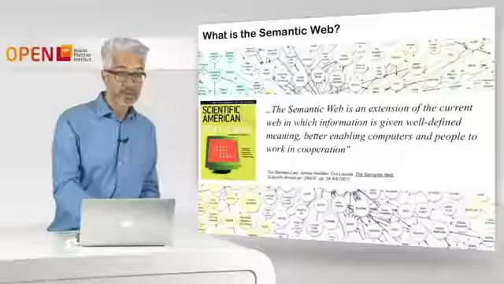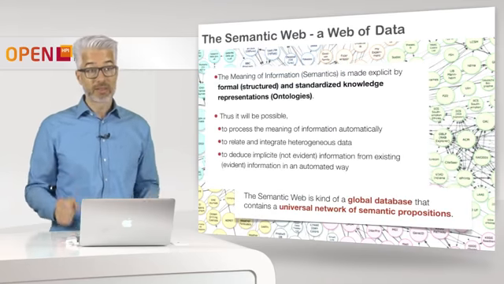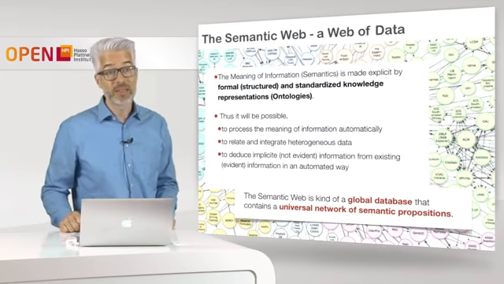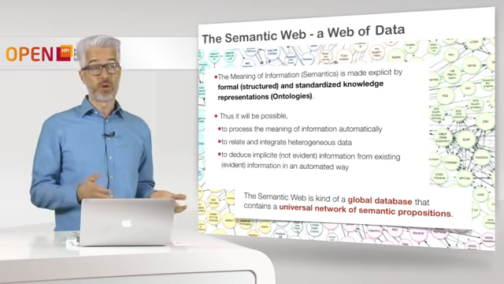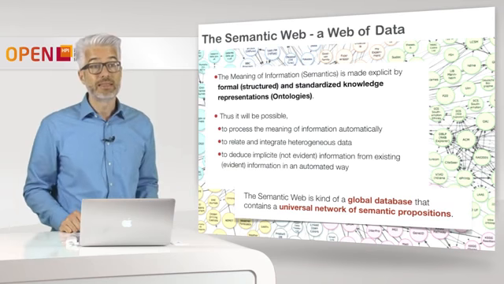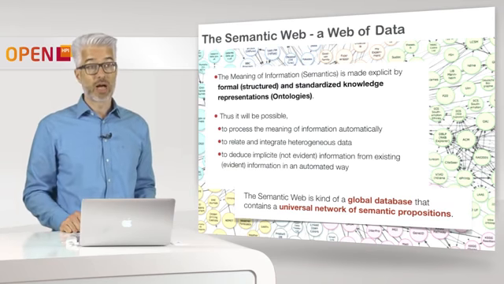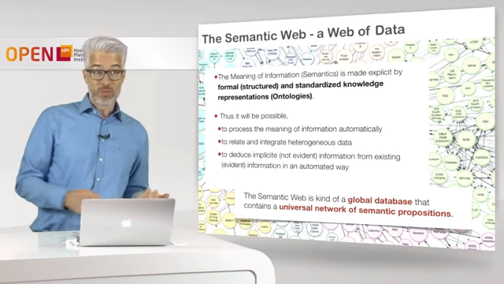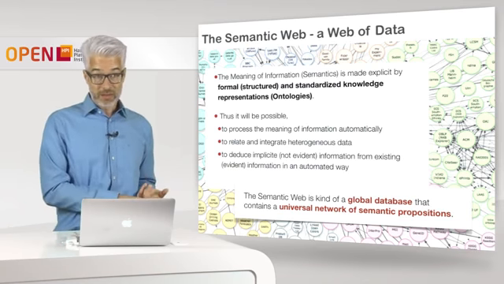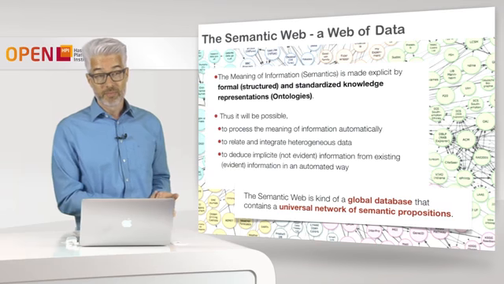So what is this semantic web? In the semantic web, the meaning of information is made explicit. How is it made explicit? By formal, meaning structured and standardized, knowledge representations, which are ontologies. By doing this, it will be possible first to process the meaning of information automatically.